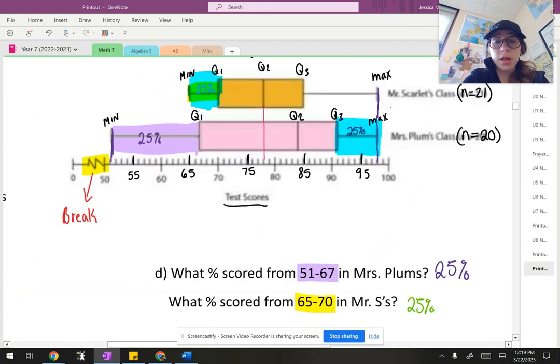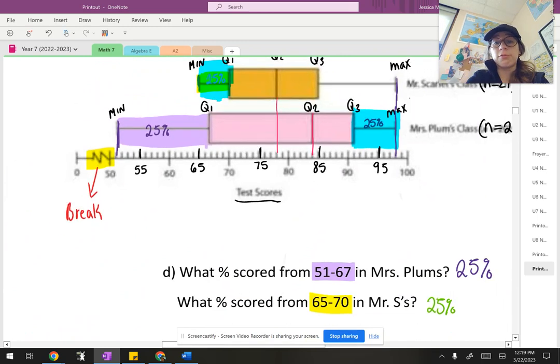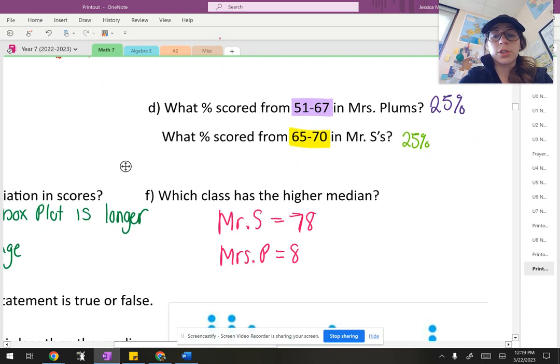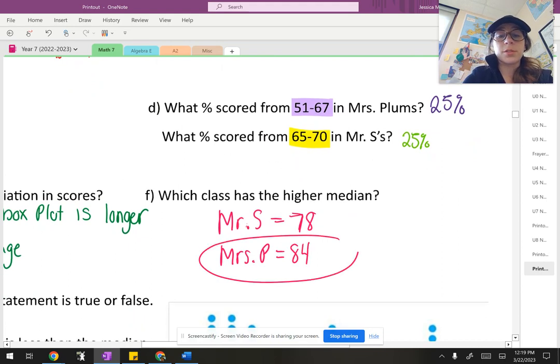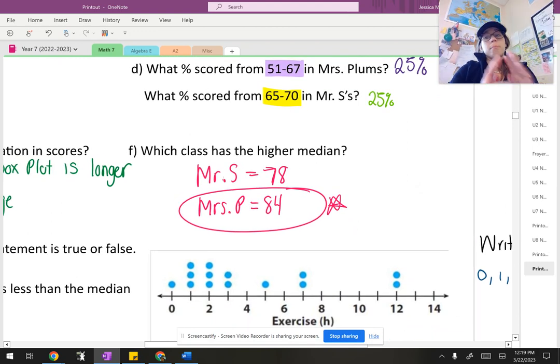And Mrs. Plum's Q2 was 84. So, which class had the higher median? Mrs. Plum with 84. Notice how I showed the work. I didn't just write random Mrs. Plum. I showed what each median was and then chose it.